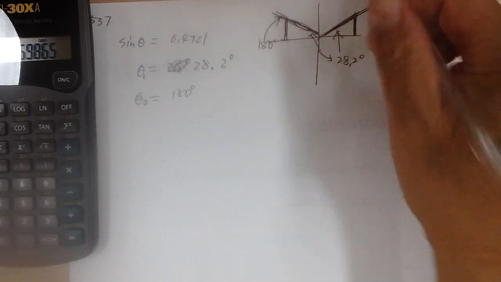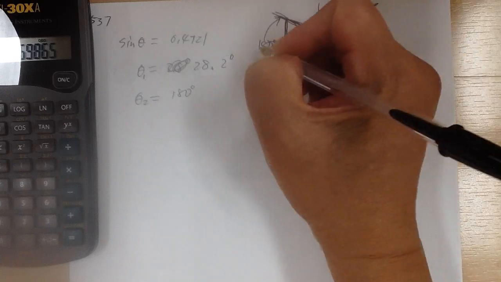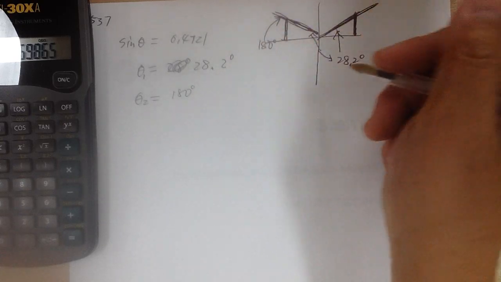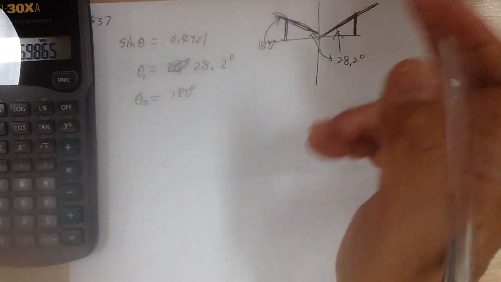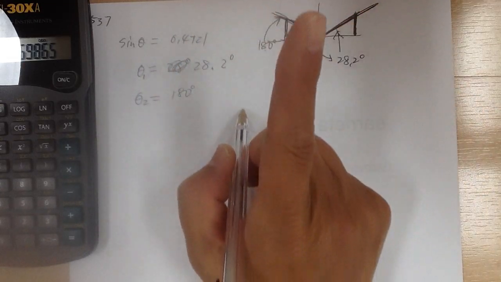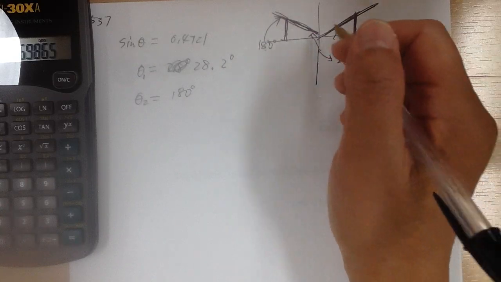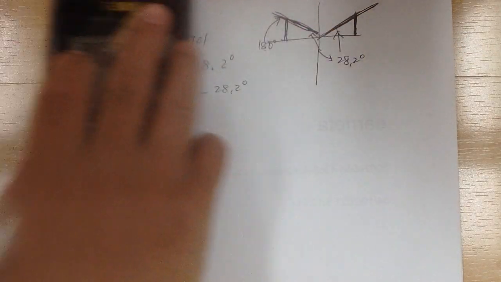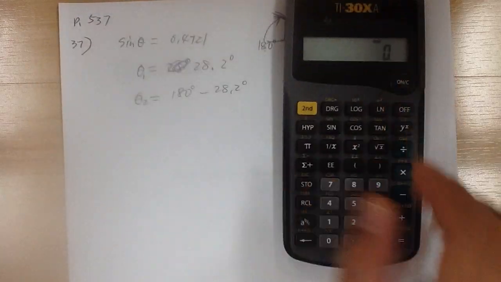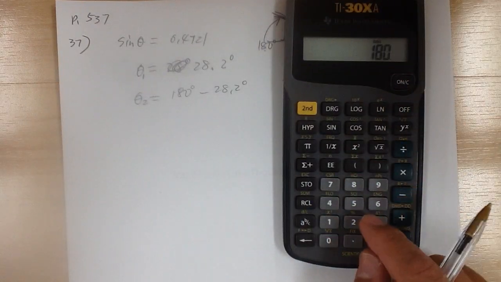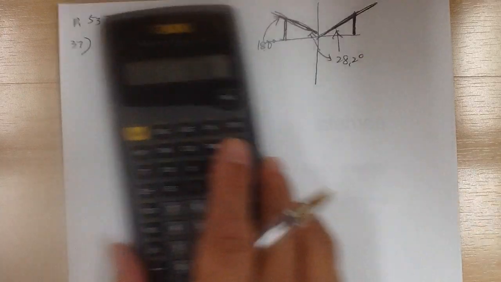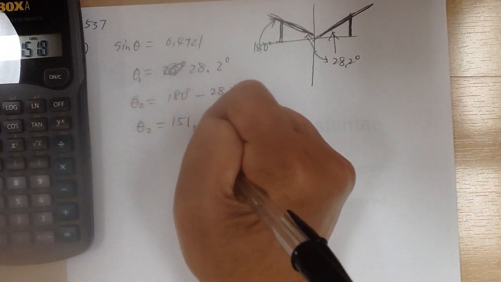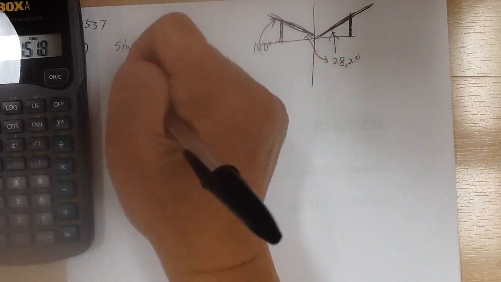So to get to the second possibility, you start with something that you know and go back the amount. In this case, draw out your picture so you know what value to start with, and whether you have to add or minus. So 180 minus 28.2 equal, theta 2 equal to 151.8 degrees.